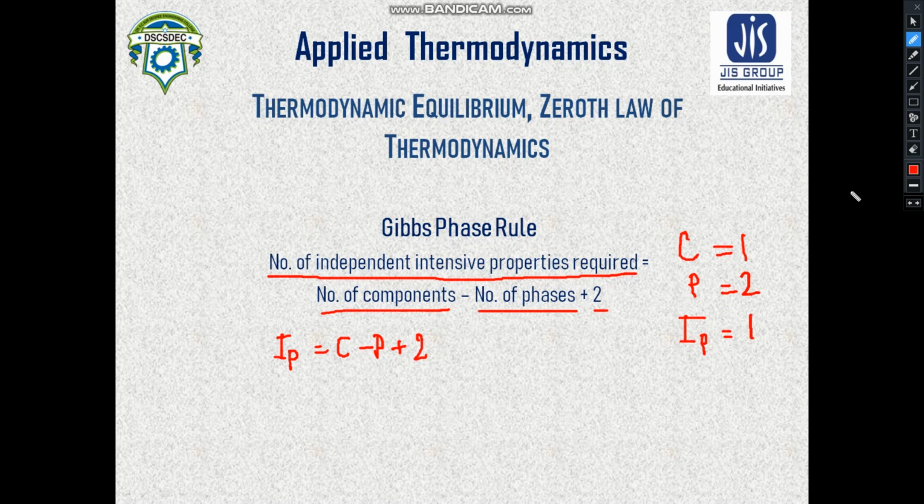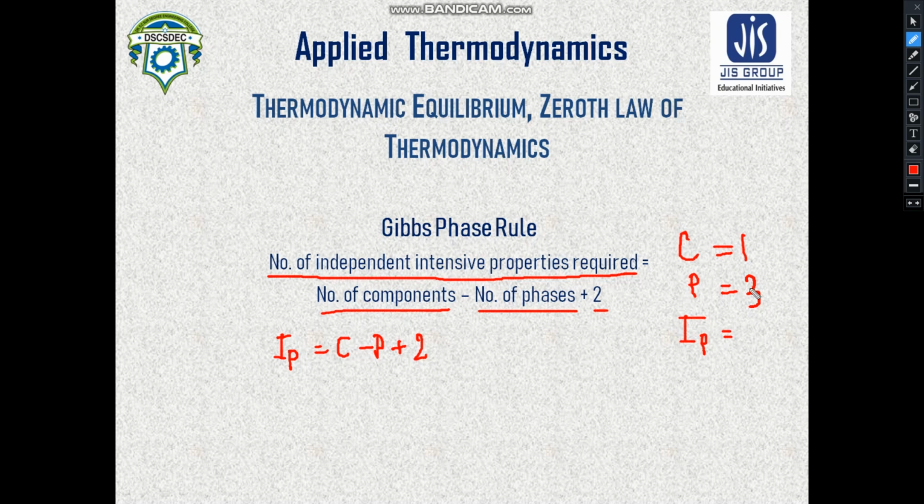Now what happens if the number of phases becomes 3? We are considering a single component system here, so the number of components is not changing.